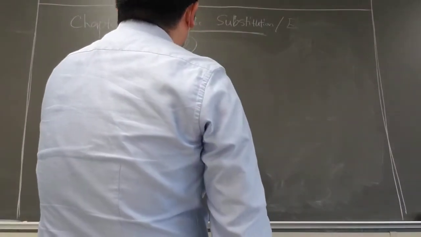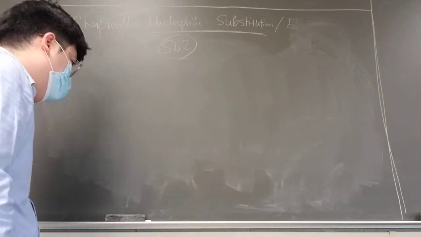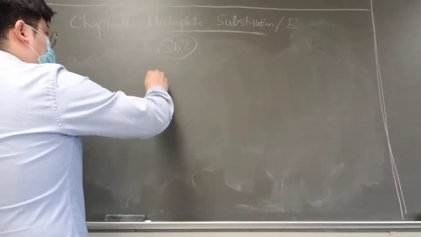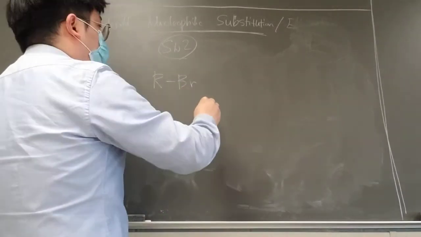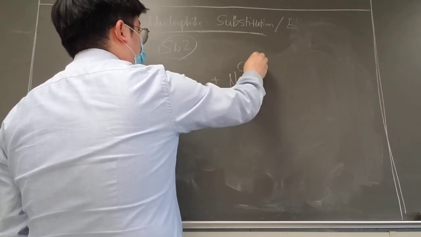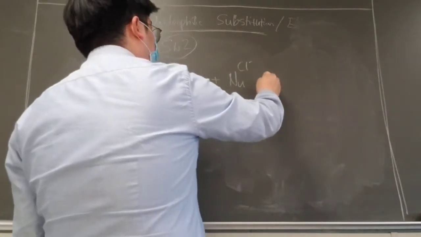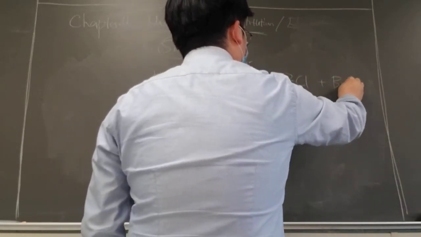So if that is the case, there's something you can do when it comes in. Okay, you have some nucleophile like Cl minus, for example, and you can come to this one, right?